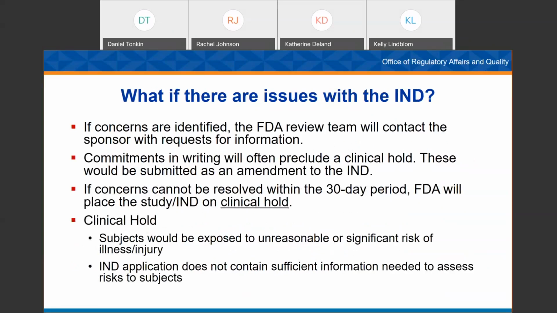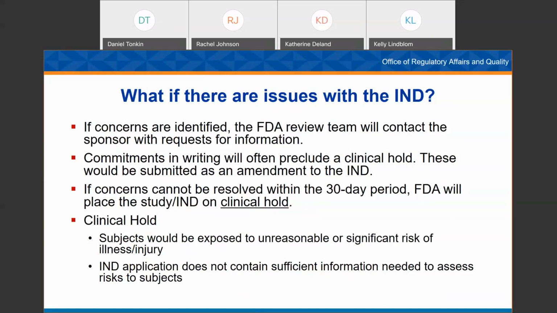So as we've alluded to, it's possible that FDA will have concerns as they're reviewing your application, and so they will contact the sponsor to request additional information in that 30-day review period. A commitment in writing to provide FDA with the requested information will often prevent a clinical hold from being placed.